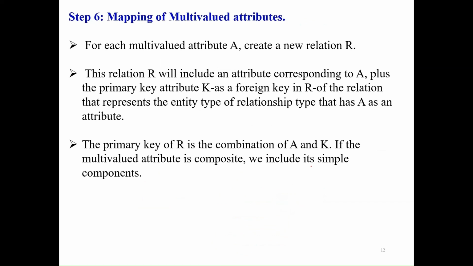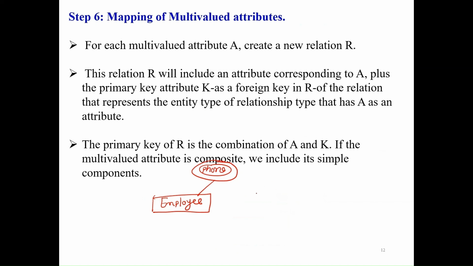Next is mapping of multi-valued attributes. We have seen that many times in an entity there is a multi-valued attribute. For example, suppose employee has phone number as a multi-valued attribute, which is denoted by a double oval.